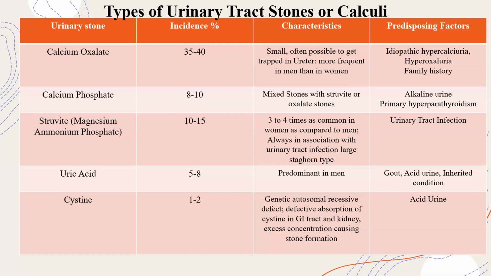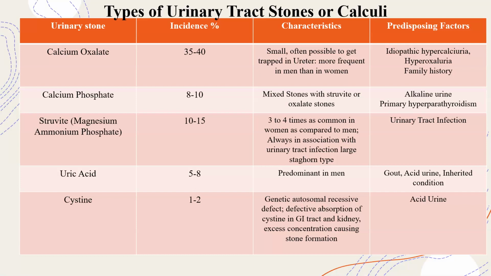The second is the calcium phosphate type of stone. The incidence rate is 8 to 10%. The characteristic is mixed stones with struvite or oxalate stones, and there could be alkaline urine, and another predisposing factor could be primary hyperparathyroidism. The third type of stone is the struvite or magnesium ammonium phosphate stone.